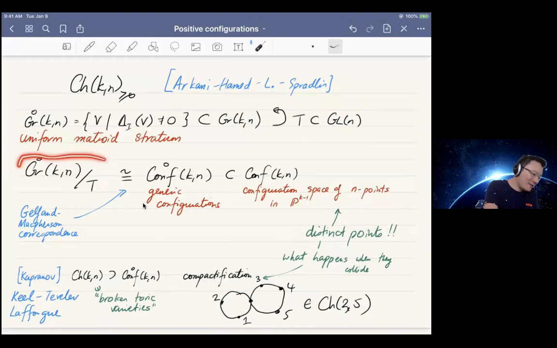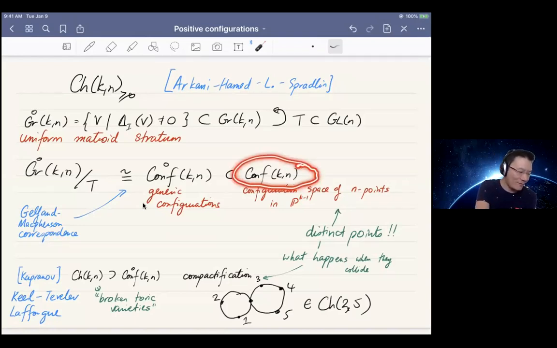This quotient can be identified, and I believe the name of this is the Gelfand-MacPherson correspondence, with a particular configuration space. My notation for configuration space is Conf(k,n). Configuration space classifies collections of n points inside a projective space.